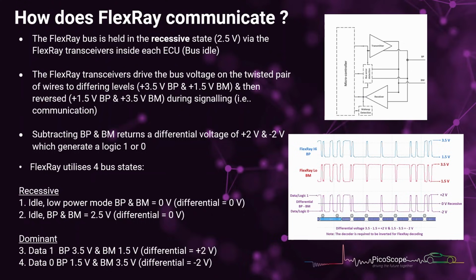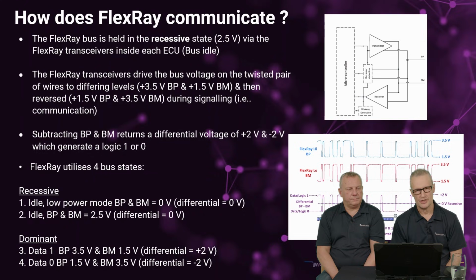But in both states, they are considered dominant. The only time the bus is recessive is when the differential voltage is at 0 volts. And we see that here in the diagram on the right hand side, where we have the logic states 1 and 0, the differential in the middle, the recessive value of 0 volts, and how we achieve those states, 0, logic 1, using the differential.